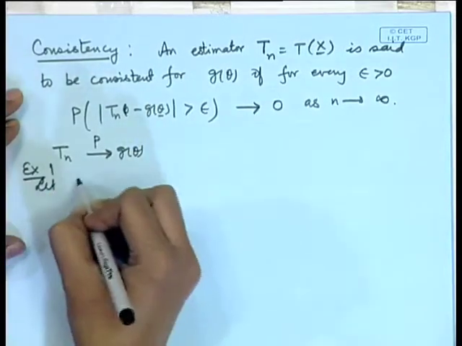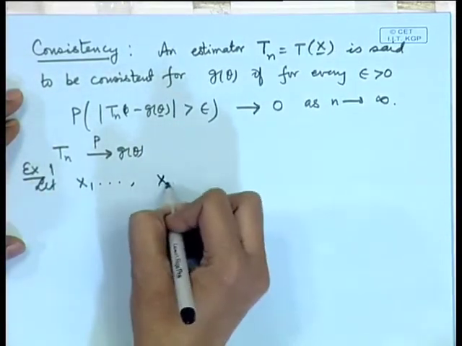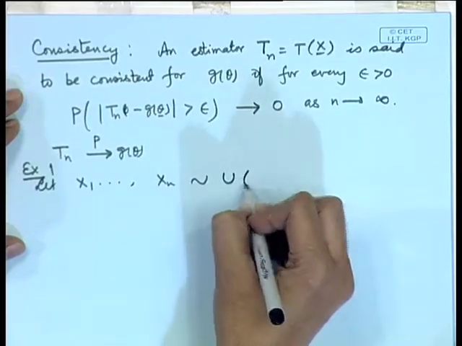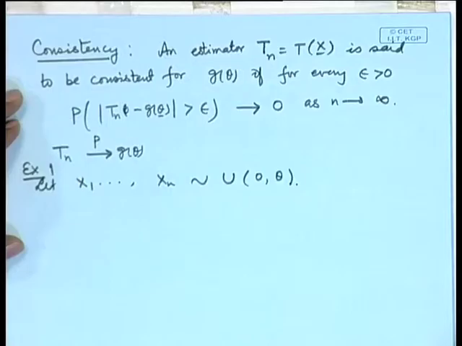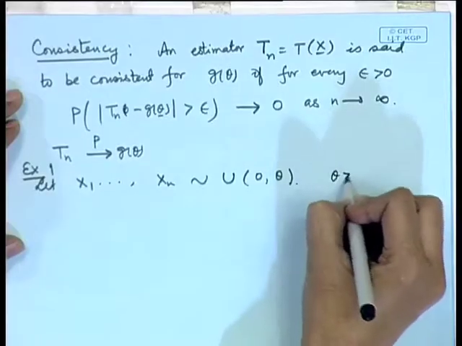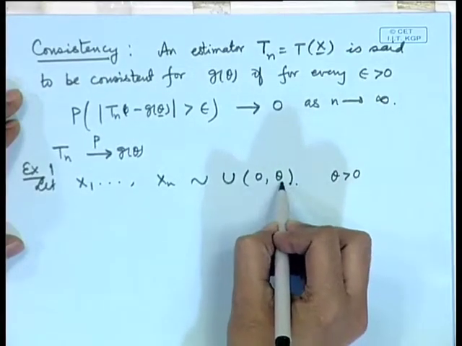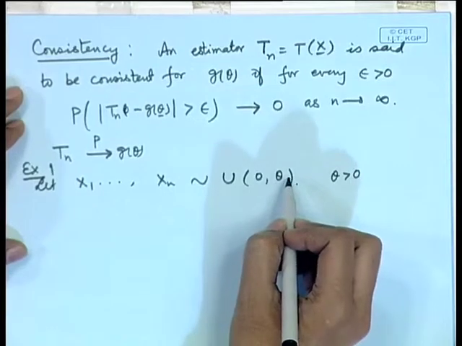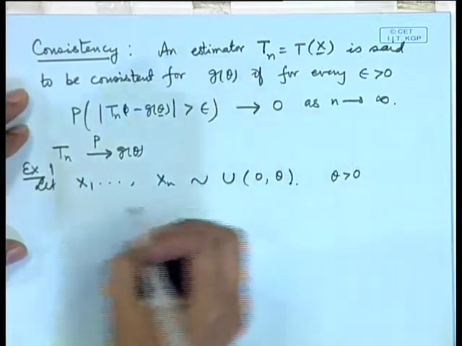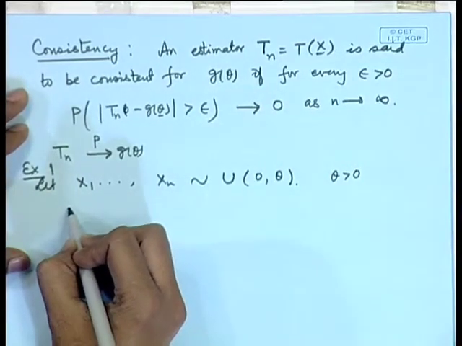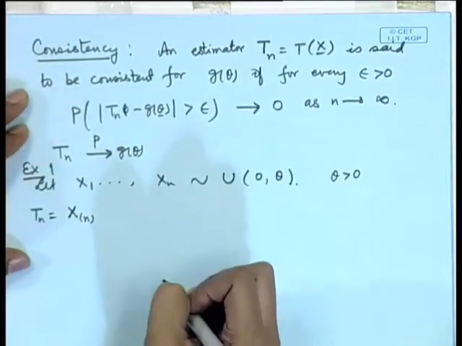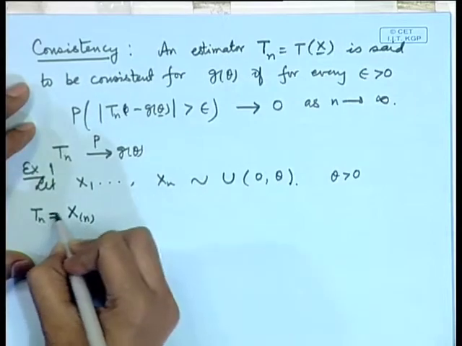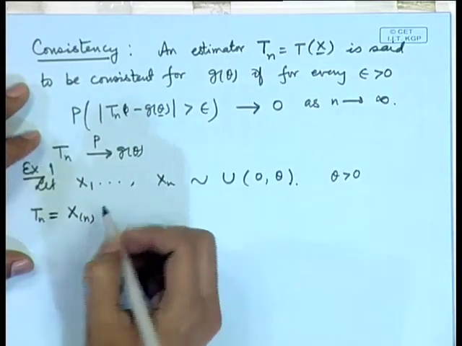Let me take say X1, X2, ..., Xn following uniform (0, theta) distribution. Now, I may be interested to estimate the parameter theta, which is the upper bound for the uniform distribution. So, let me take T_n equal to X_(n). We know the distribution of X_(n).